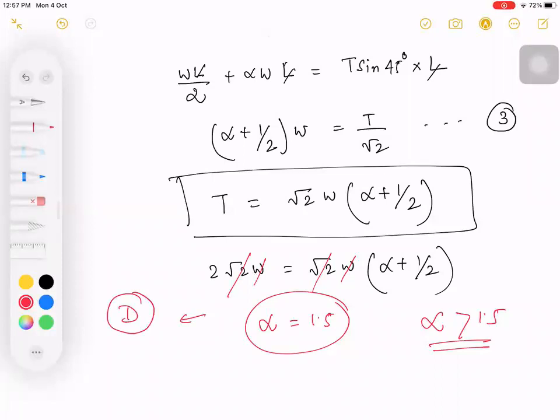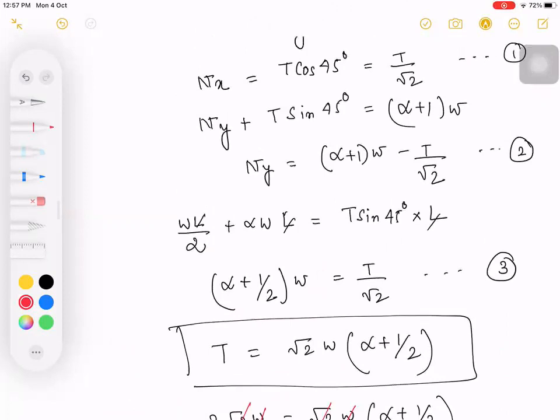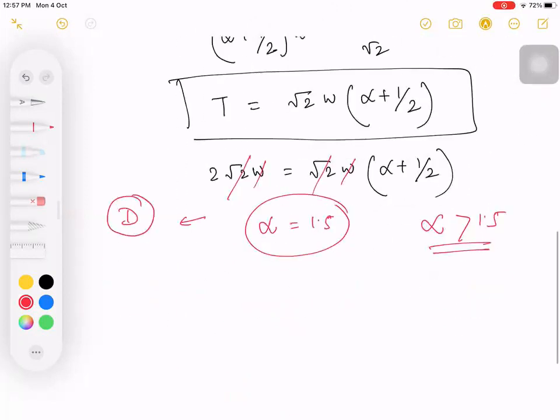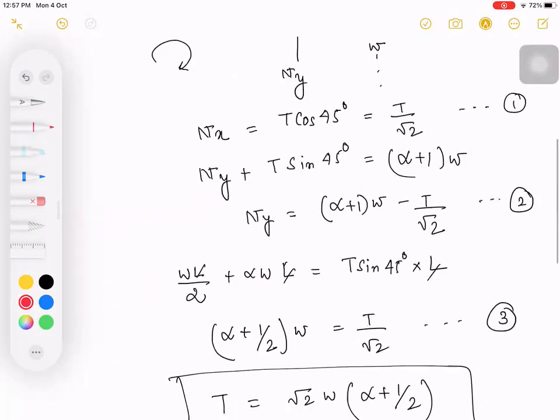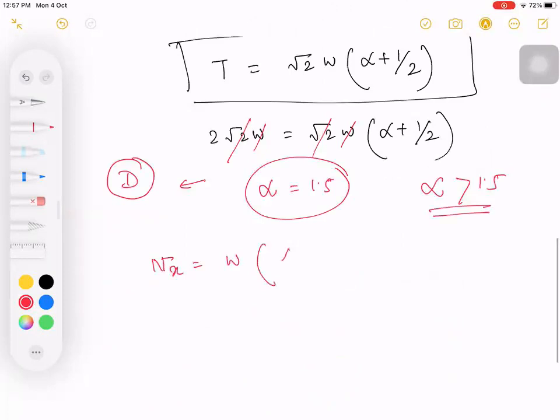What else? I have got tension over here. Let's find out what is Nx and what is Ny. Put the value of tension in equation 1. What is Nx? Nx is T by root 2. So Nx is W into alpha plus half.